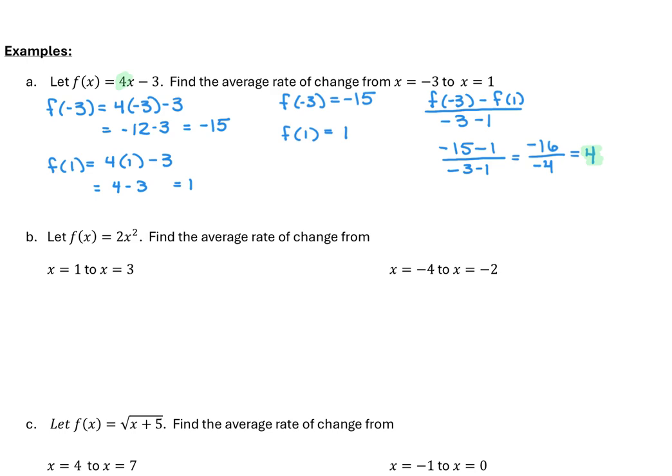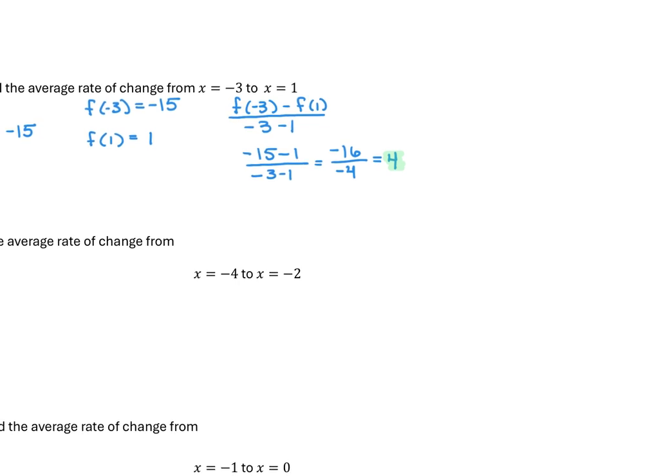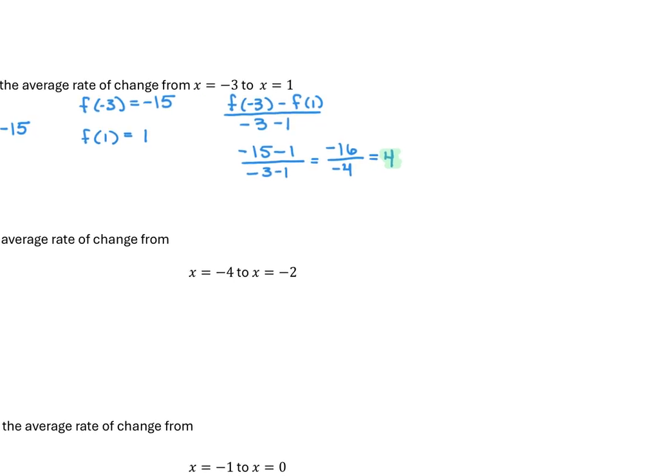Now, if you don't want to memorize new formulas, we can go back to just what we did before. We can rewrite these functions as points. For instance, f of negative 3 equals negative 15 means that we have a point on our graph of negative 3, negative 15. And we have another point of 1, 1.